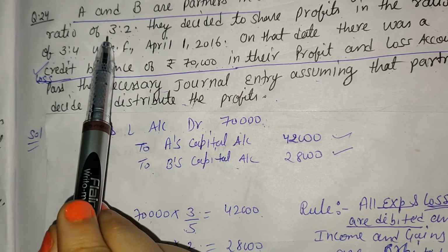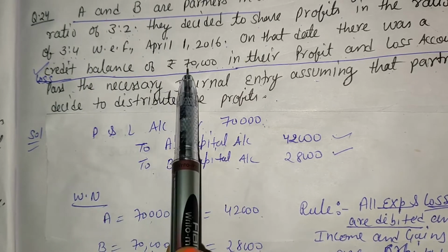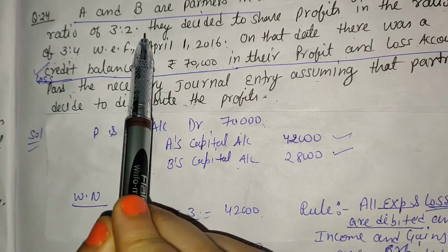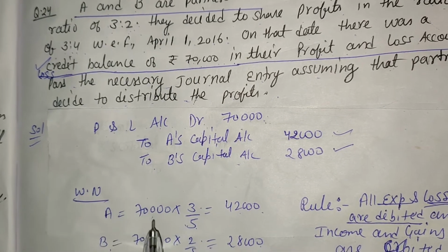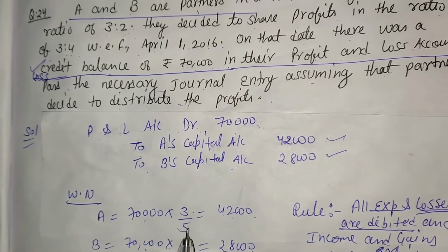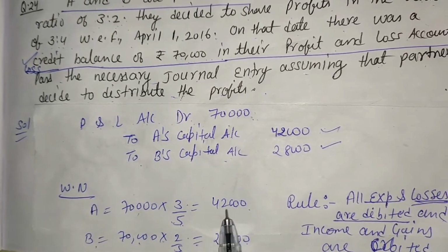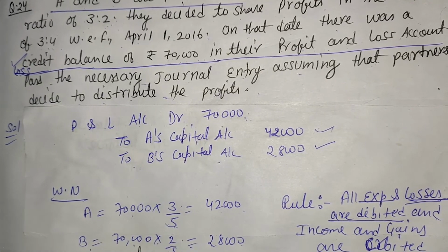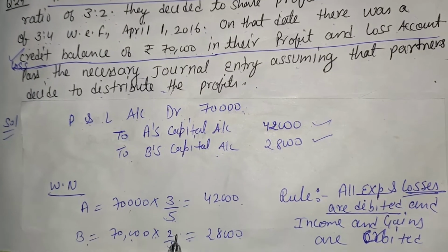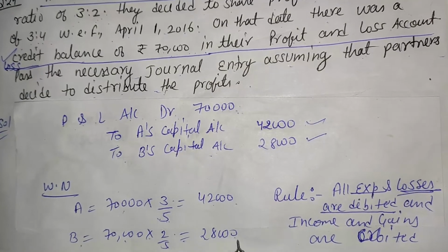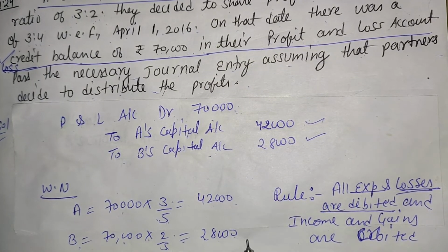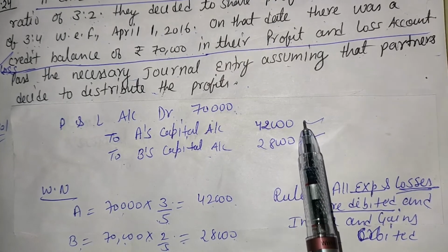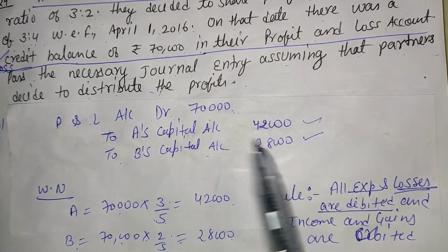Here the old ratio is 3:2. So that 70,000 is distributed in the ratio 3:2. A's share is 70,000 multiplied by 3, total of 5, that is 42,000. Just like B, 70,000 multiplied by 2, total 5, after that 28,000. So here credited by the amount of rupees 42,000 to A and 28,000 to B.